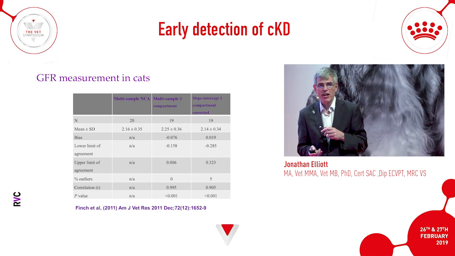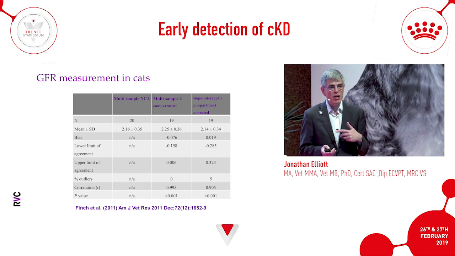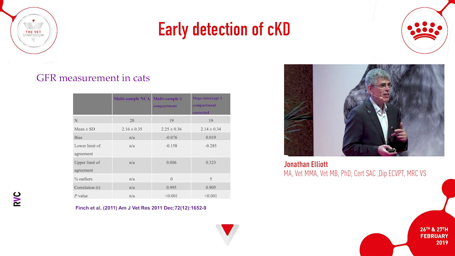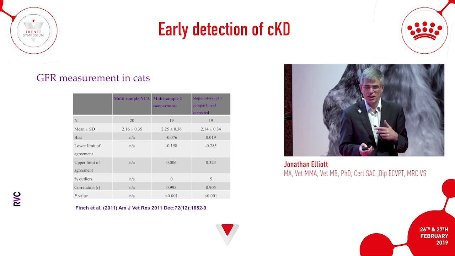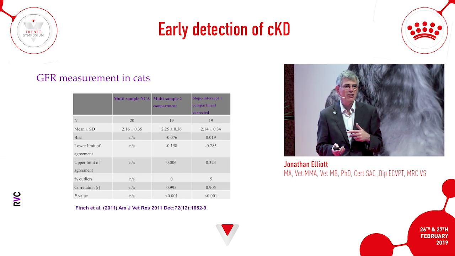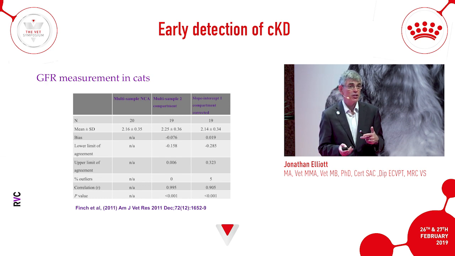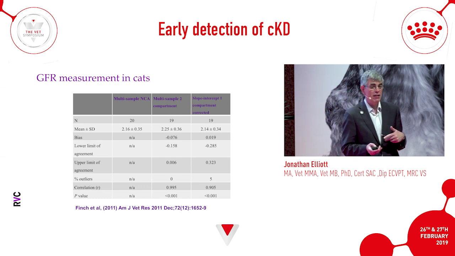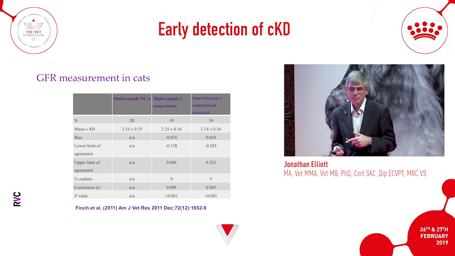If you didn't correct for that missing area and you just took the slope, then the glomerular filtration rate came out at 2.4 mils per minute per kilogram, which is about 12% higher in these cats than the actual glomerular filtration rate calculated by a multi-sample method.